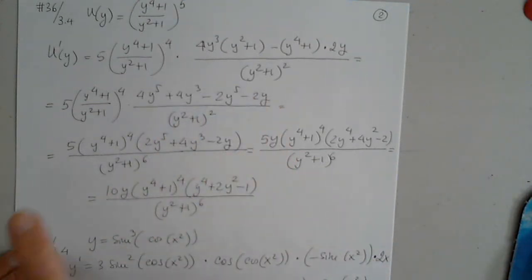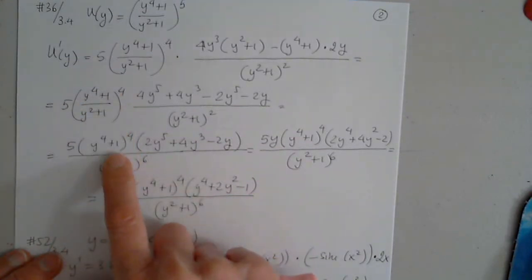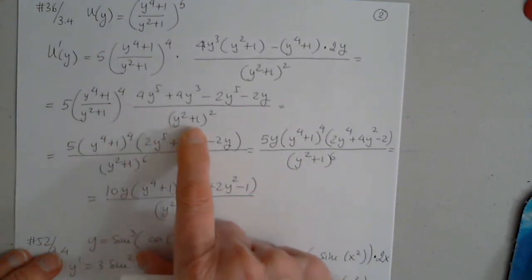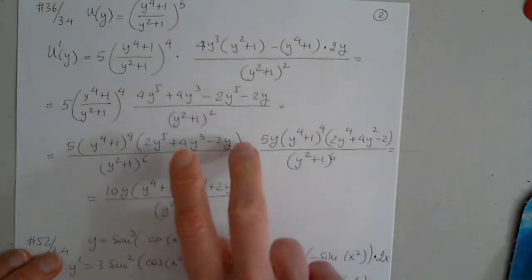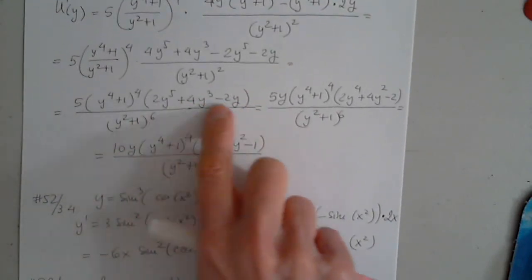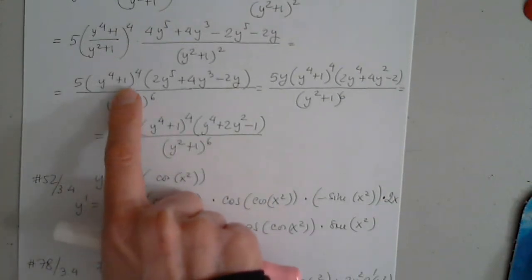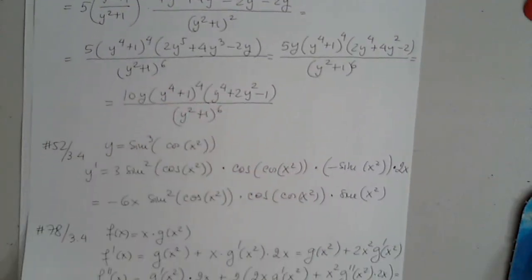I realized that the numerator, y to the 4th plus 1, is raised to power 4, but y squared plus 1 to the 4th times y squared plus 1 is y squared plus 1 to the 6th. I factored out 2y from these three terms, and I got 10y, y to the 4th plus 1 to the 4th, and this, and the denominator.